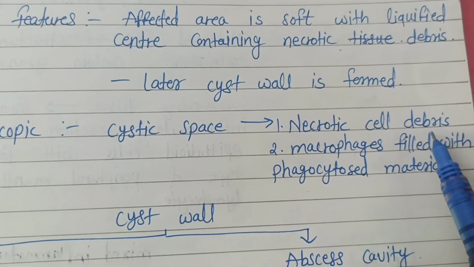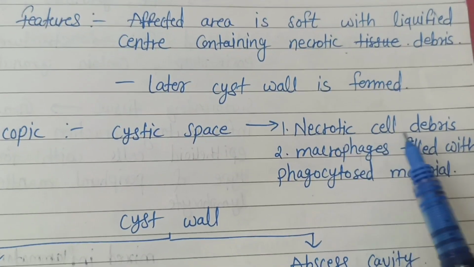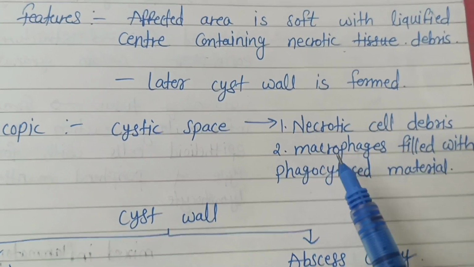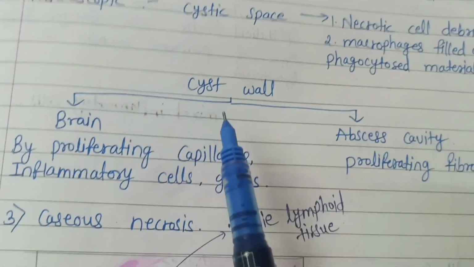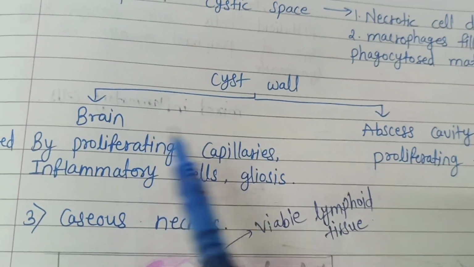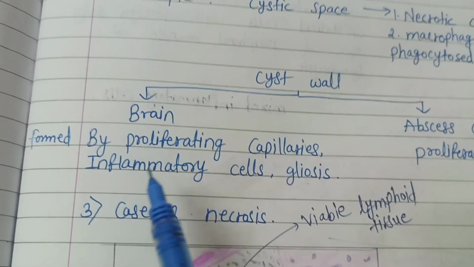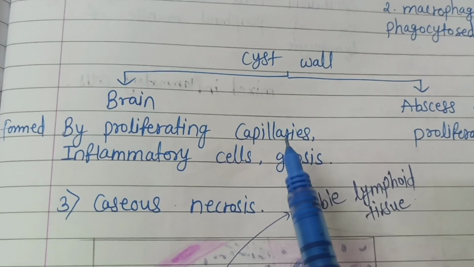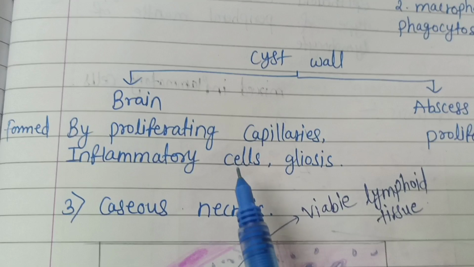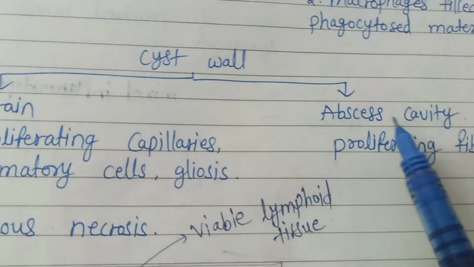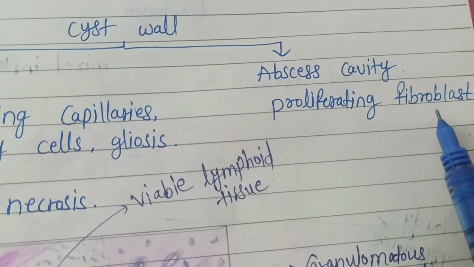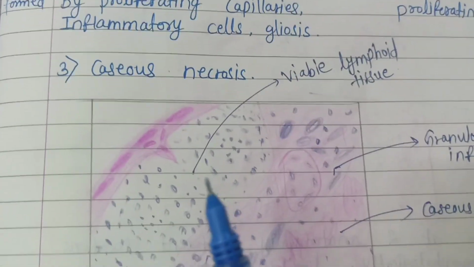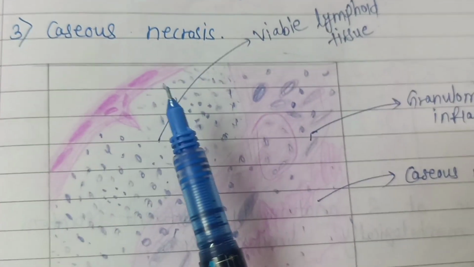Debris means waste material, so necrotic cell waste materials. Second is macrophages filled with phagocytosed material, and the cyst wall is formed in brain and in abscess cavity. In brain it is formed by proliferating capillaries, inflammatory cells, and gliosis, and in abscess cavity it is formed by proliferating fibroblasts.